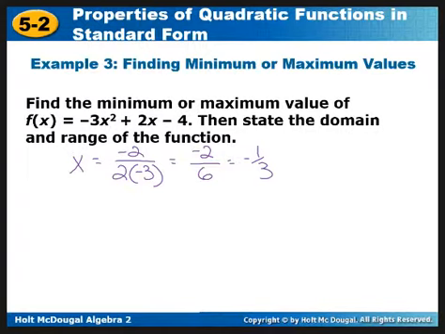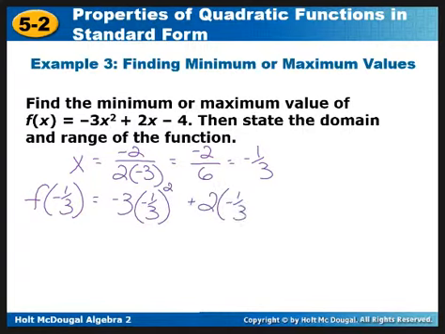So I'm going to have to fill negative 1/3 into this: negative 3 times negative 1/3 squared plus 2 times negative 1/3 minus 4. Now again, just because you get a fraction, don't freak out. A lot of times they tend to work themselves out as we go through this. So we fill in negative 1/3.